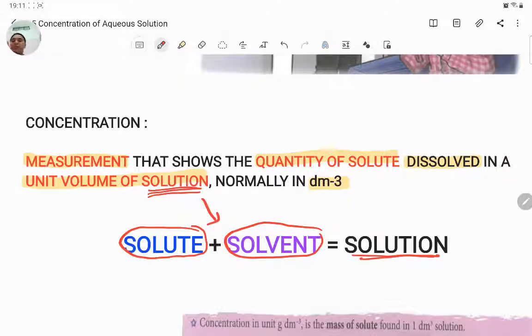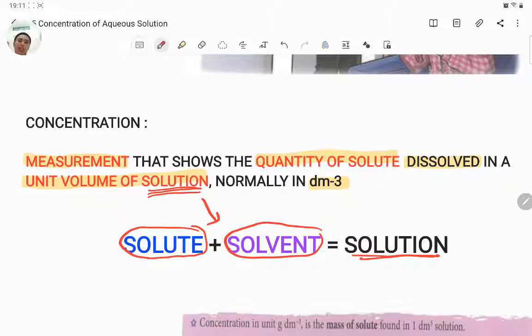Okay, so let me take some example lah, kan? During subtopic 6.1, role of water in showing the acidic and alkaline properties, your teacher showed the example of hydrogen chloride gas. So hydrogen chloride gas needs water in showing the acidic properties.